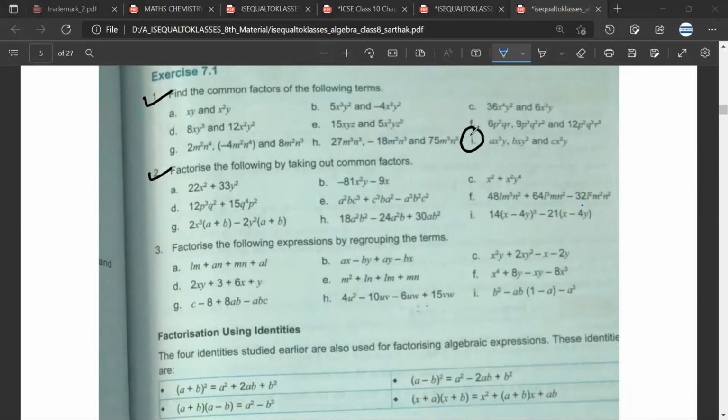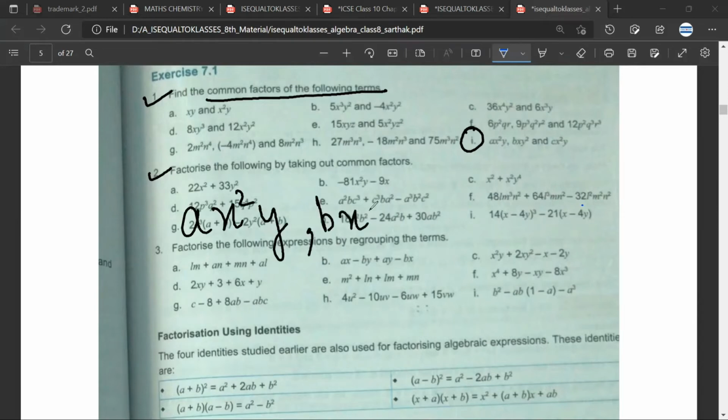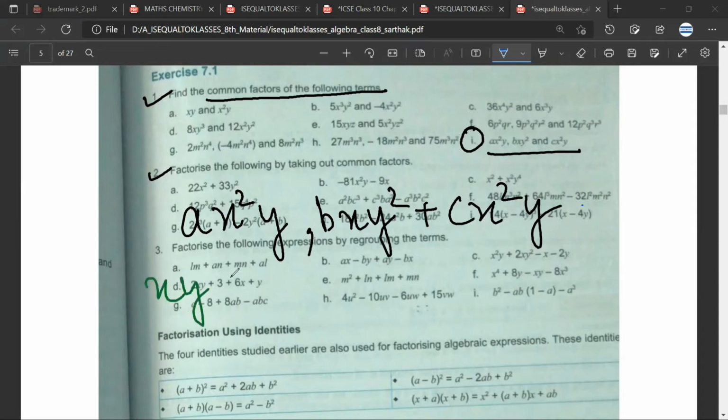So for example, let me do this part (i). What he's saying is, find the common factors of the following terms. Now what he has given is ax square y, b xy square, plus c x square y. Now he is asking us the common factor. Sarthak, can you suggest what is the common factor? XY. Yeah, perfect. So the common factor can be xy.